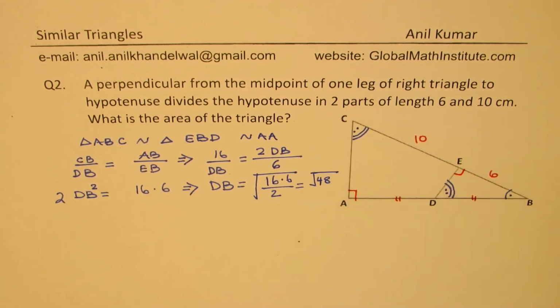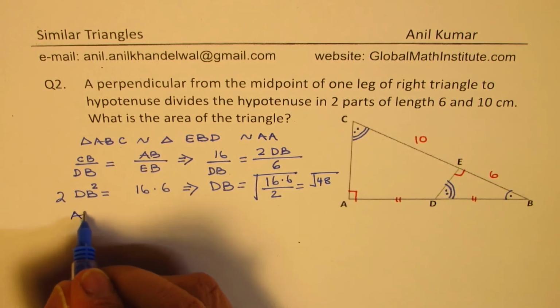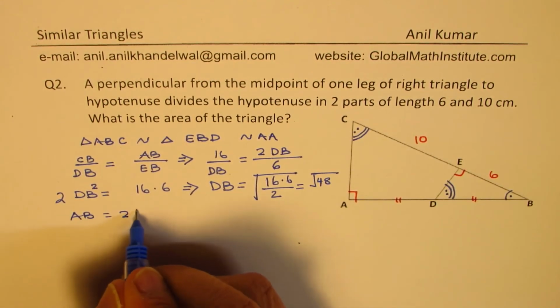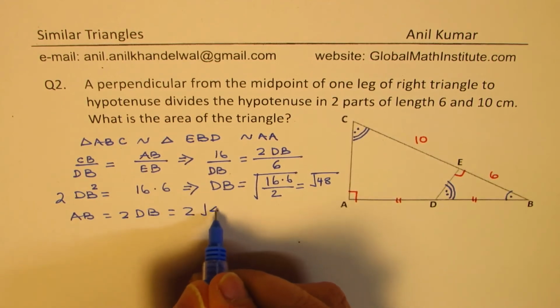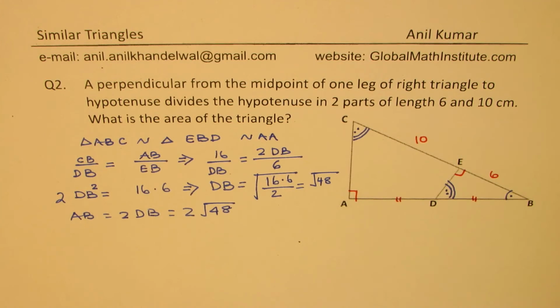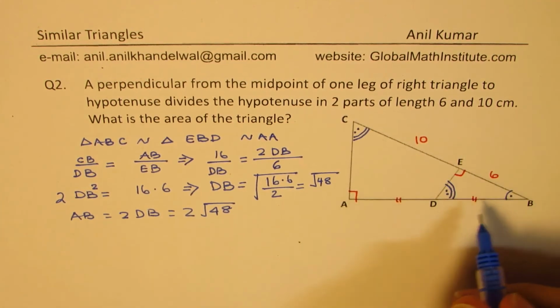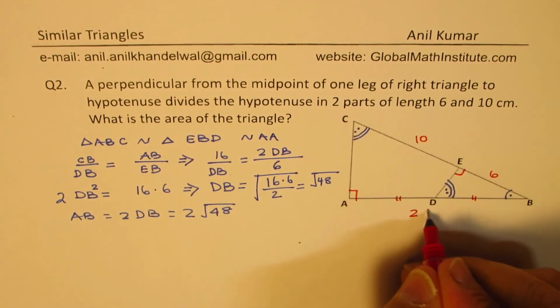So we get this as square root of 48, and AB will be twice DB. So it is 2 times square root 48. I'm not really simplifying it since it really doesn't matter. We need to find the area, right? Now we know this length, which is 2 square root 48.